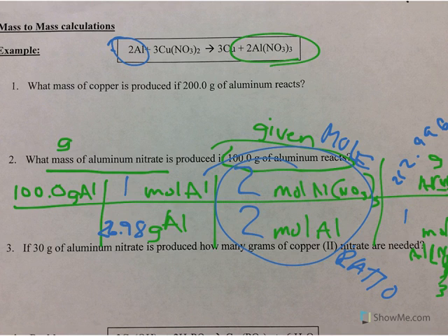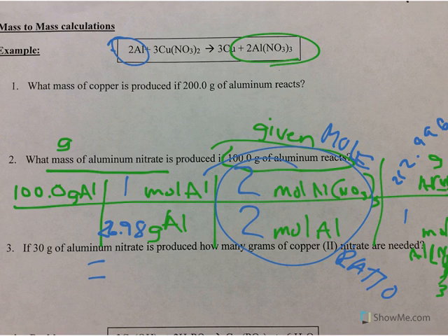All right, so I'm going to take in my calculator 100.0 times 1 times 2 times 212.996 divided by parentheses 26.98 times 2 times 1, close the parentheses.